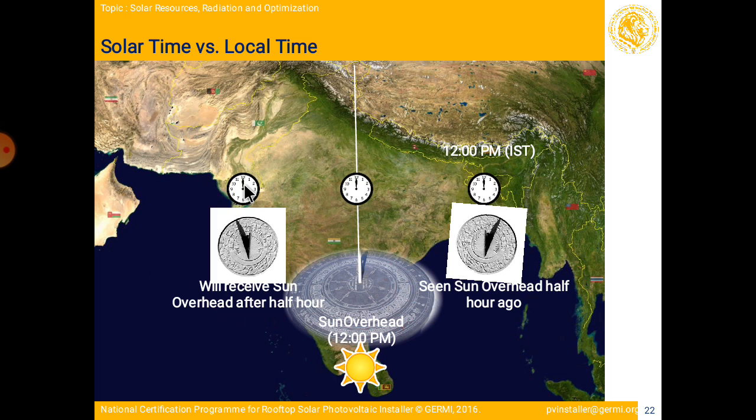So at 12:30 we will get the sun on our head. So this is the difference between places when we have the sun on our head. And at this point you can see that at exactly 12 p.m. Indian Standard Time we will receive the sun on our head.